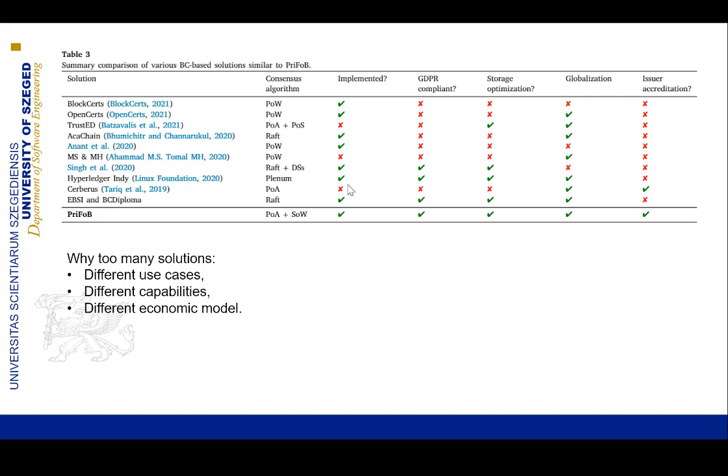So they have different capabilities and, of course, different economic models. Some of these are services that you actually have to register to, and you have to buy the service, and maybe the code is not open source, or they are provided by private companies.